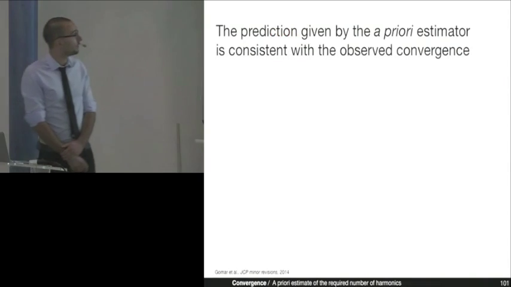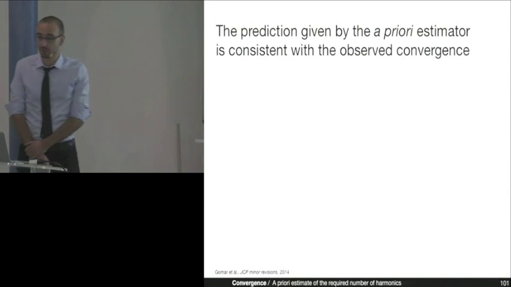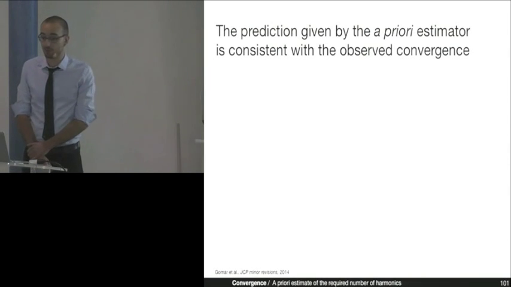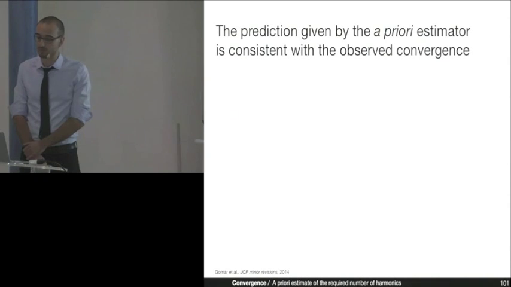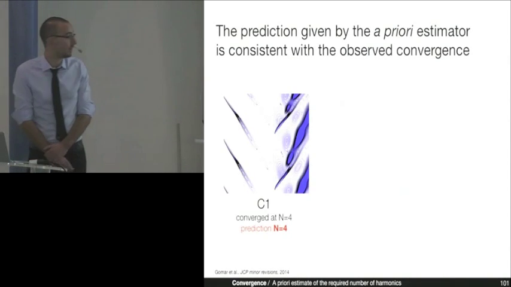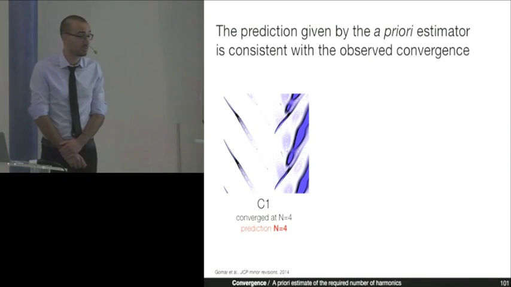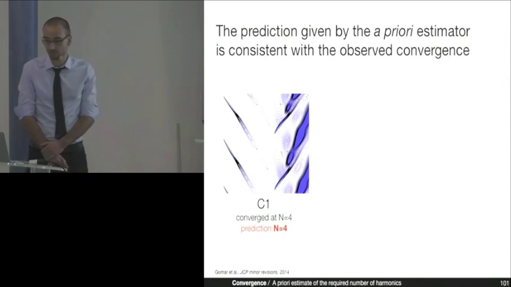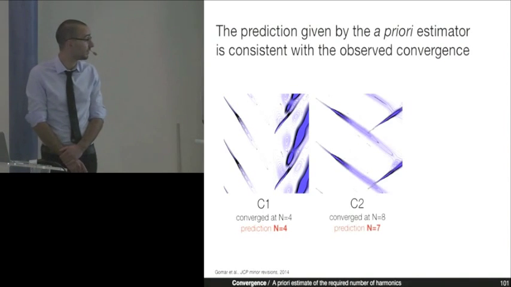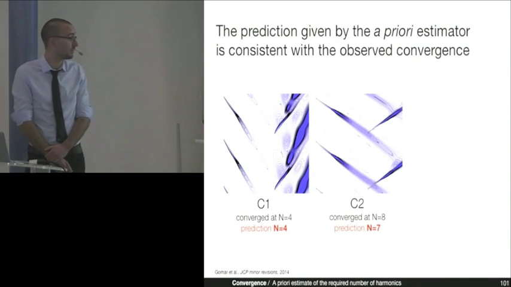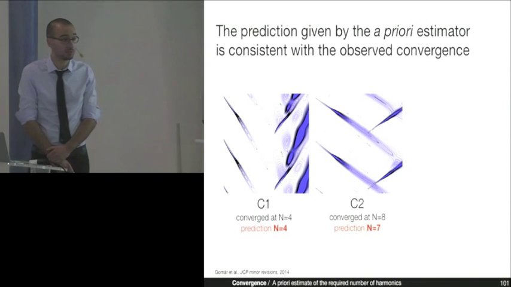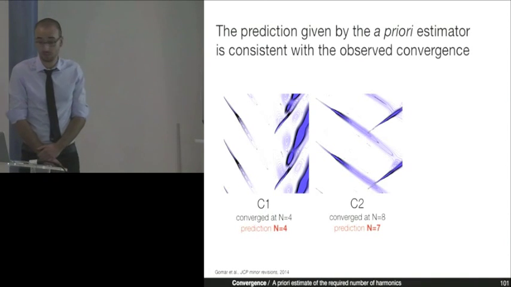The good news is that the prediction provided by the a priori estimator is consistent with the observed convergence. In fact, for the first configuration, the computation converged at n equals 4, while the prediction says n equals 4 too. For the second configuration, the computation seems to be converged starting at n equals 8, while the prediction says n equals 7.